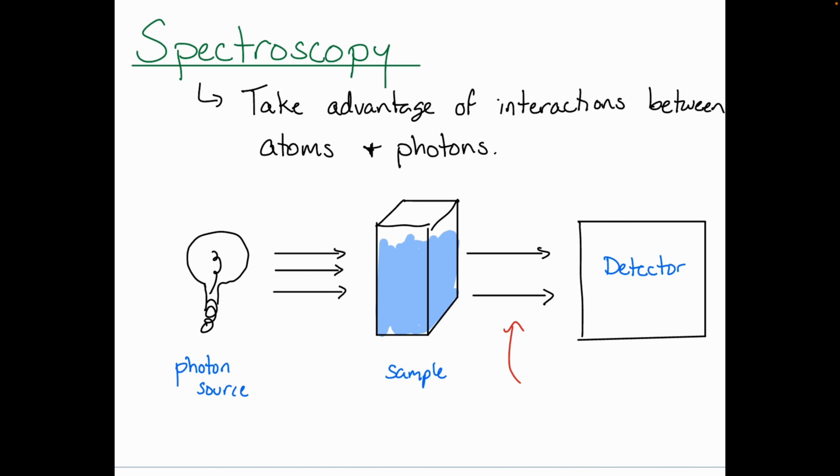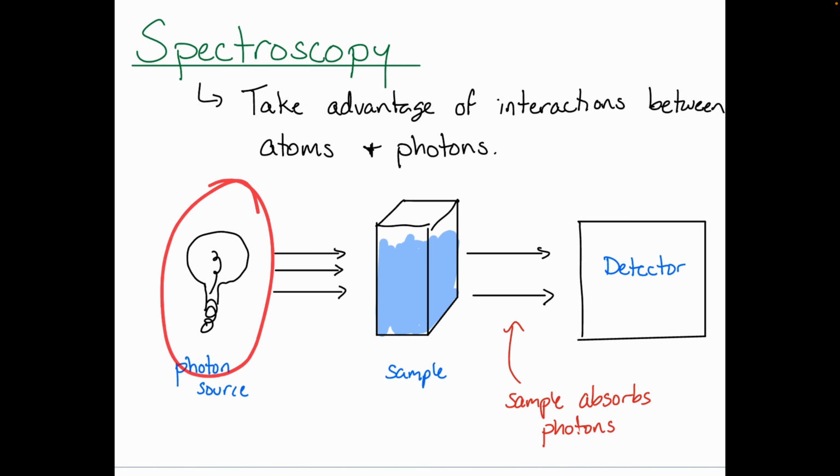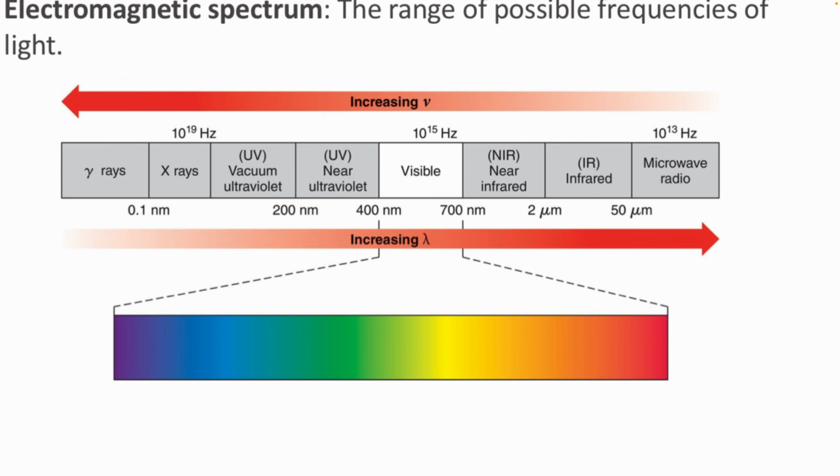All right, so our sample absorbs those photons. All right, and if we used a simple light bulb like what we have in our overhead lights as our photon source, that would be an example of visible spectroscopy, using photons that are in a certain range of our electromagnetic spectrum.